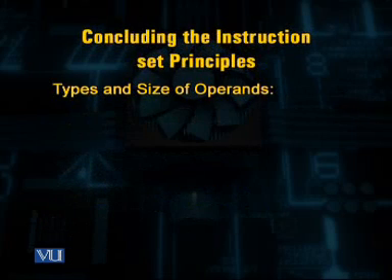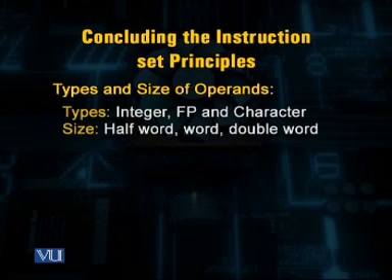Then we discussed the different types of operands which are used, such as the integer type, the floating point type, and the character type. And then we talked about the sizes of the data which is used, such as the byte, half word, word, and double word.